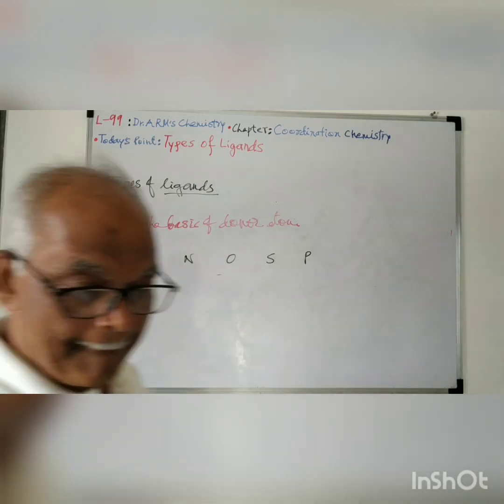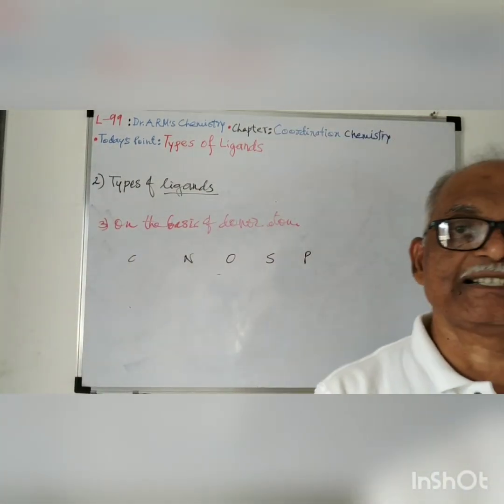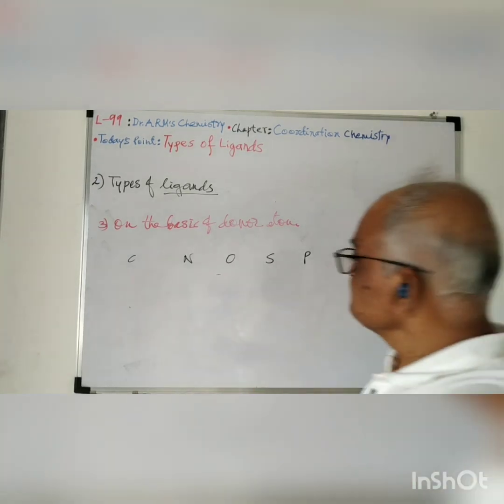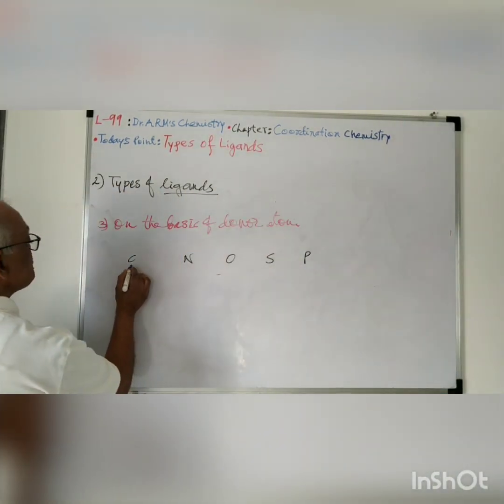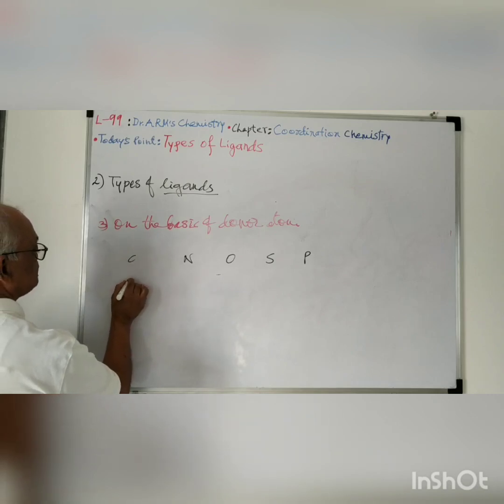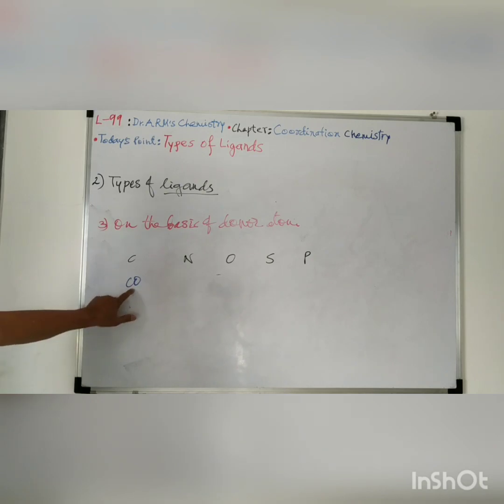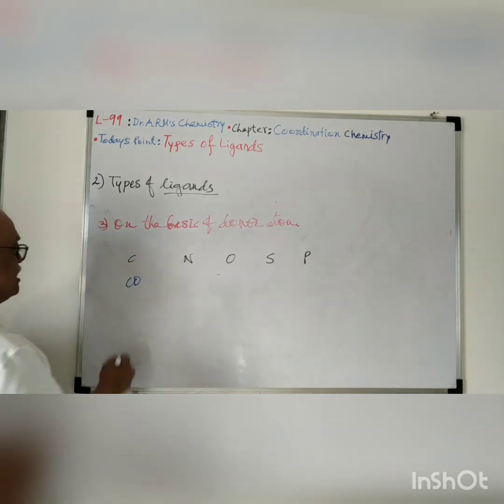So in this way we can have the different points of attachment. For example, if we have this carbon, we can have carbonyl, carbon monoxide as a molecule.